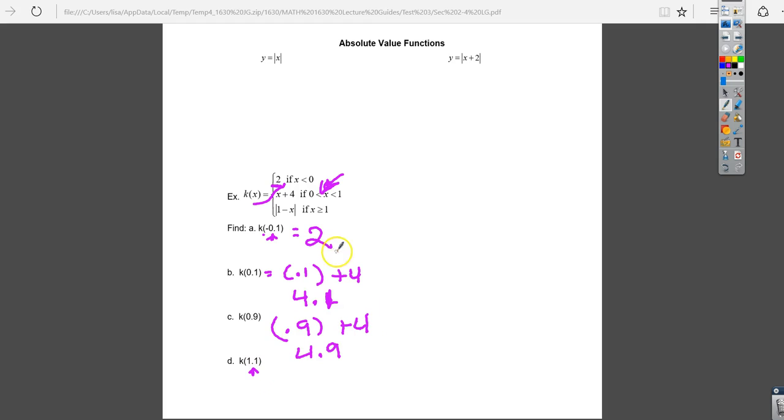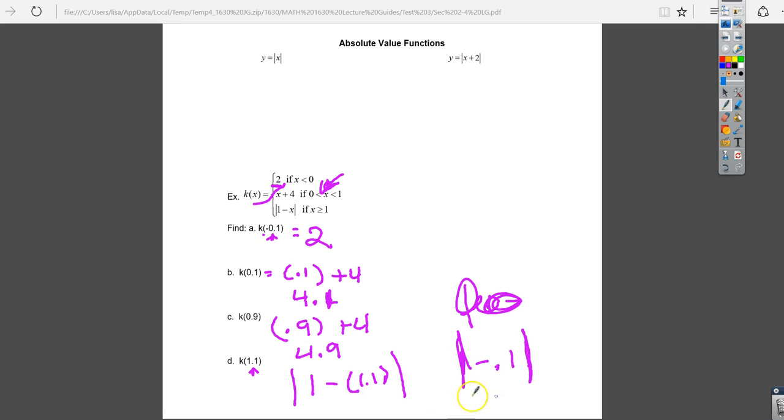This one is 1.1, so it's greater than 1, so I'm going to put it in this one. And that would become negative 0.1. And the absolute value of negative 0.1 is 0.1.